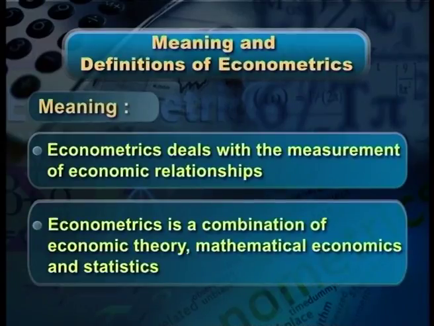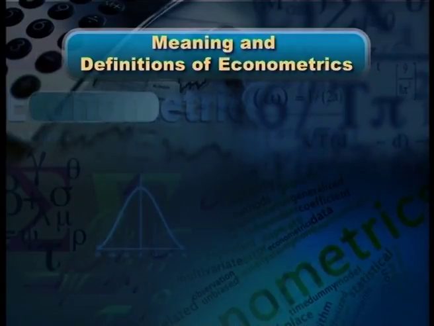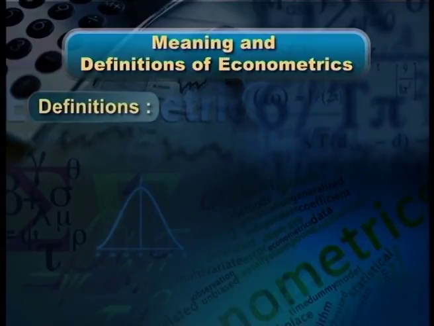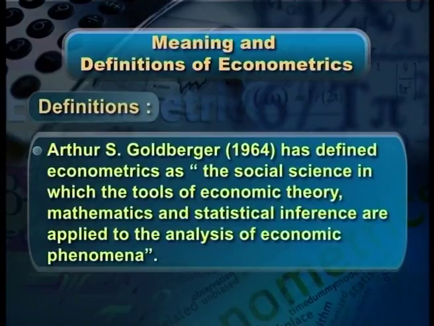So, econometrics is a combination of economic theory, mathematical economics and statistics. Then we take the definitions of econometrics. The famous author Arthur S. Goldberger has defined econometrics as the social science in which the tools of economic theory, mathematics and statistical inference are applied to the analysis of economic phenomena.